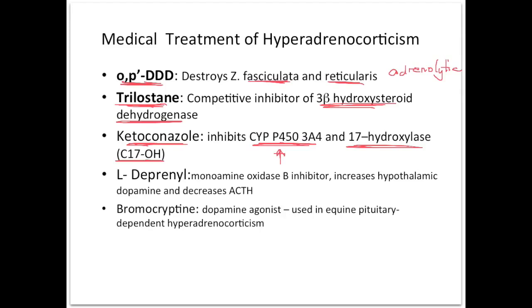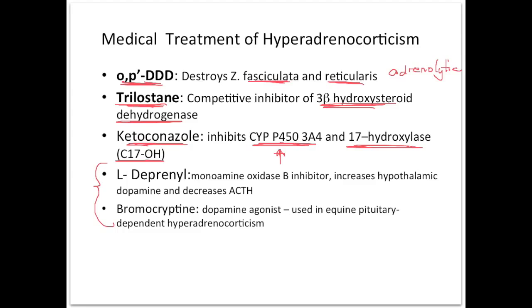The latter two drugs really get at the issue that in dog and perhaps even more so in the horse, there's some evidence to suggest that hypothalamic dopamine is reduced. And if you remember way back to the early sessions on the physiology of the hypothalamic pituitary interaction, dopamine is an inhibitor of ACTH.